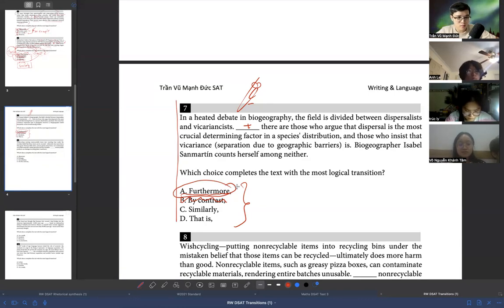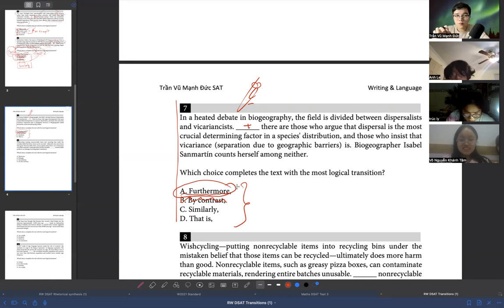When I use furthermore, and I'm saying this, will the second sentence mention some supporting information that has been mentioned before? Yes.